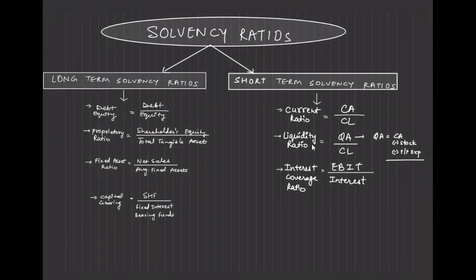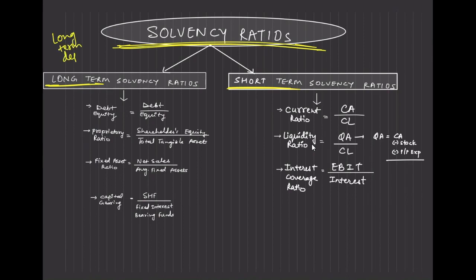Then we have the solvency ratios. Solvency ratio indicates what is the position of your liquidity, that will you be able to pay the money which you have taken. So that is categorized into long term and short term. Okay, you need money to pay your long term debts.